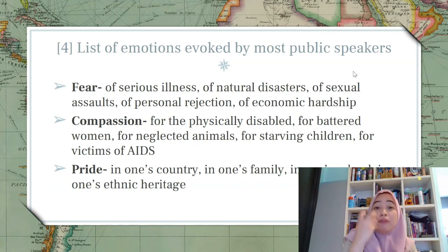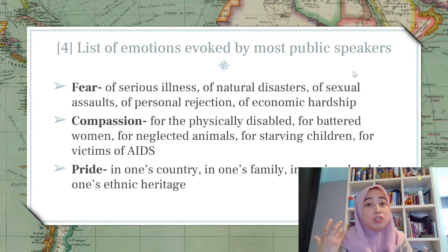These are some of the emotions that most public speakers will want to evoke. When you want to instill fear in people, the topic could be about illness, economic hardship, or sexual assaults. When you want to talk about pride, you want to talk about nationalism, or an ethnic group or something.